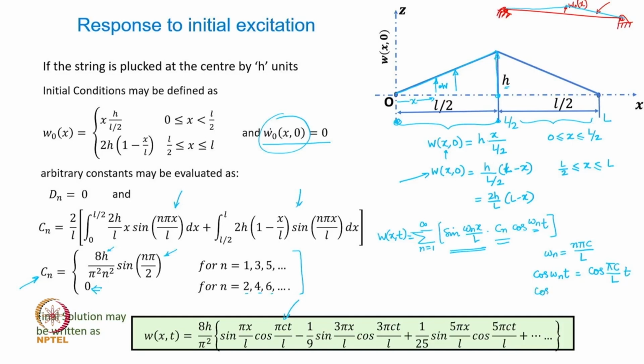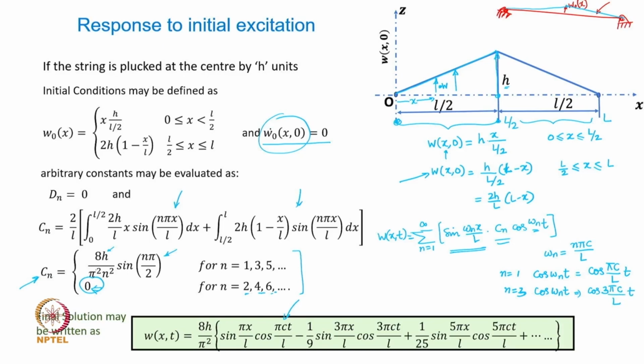Now for n equal to 2, 4, 6, this Cn is equal to 0, so we'll have to skip the second term. So I'm going to jump to n equal to 3, and therefore this is going to be cos of 3 pi c by L t, right? So that is going to be the third term.